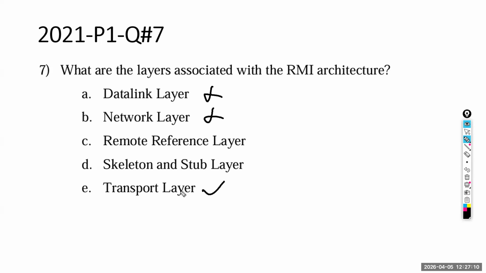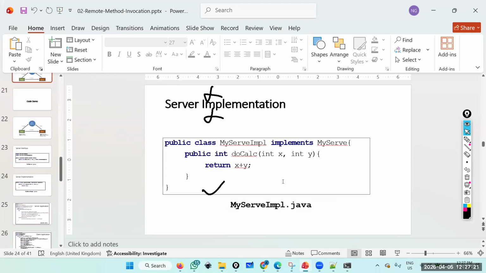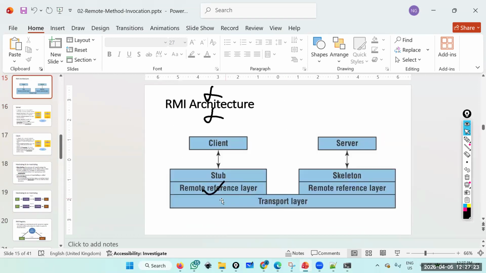I remember there is such a talk too, but those are not official OSI layers. But definitely transport layer. There is such a thing in some slide, but those are not official layers. Remote reference, stub and skeleton, but those are not layers.